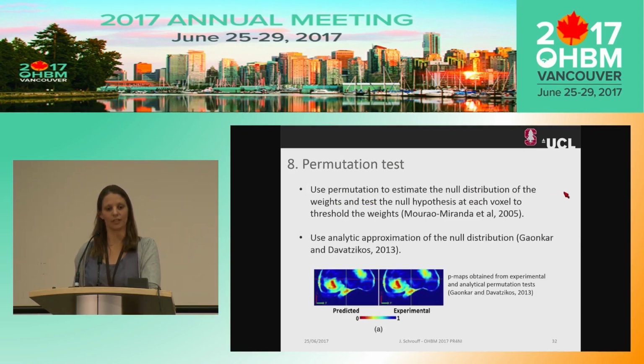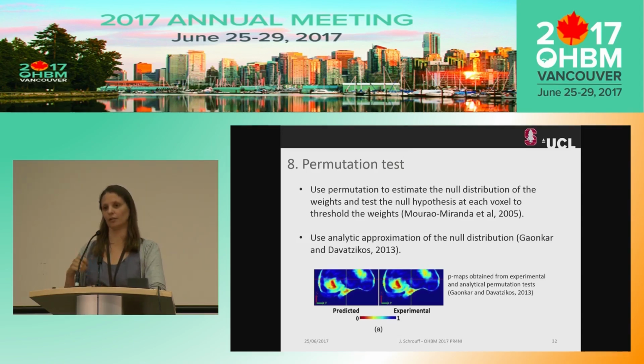Then we have permutation tests. The same way you're using permutations to assess whether your generalization ability is significant or not, you use the same permutations and you test whether the weight in a specific voxel is larger than if you change the labels and there is no information in your data about the labels.